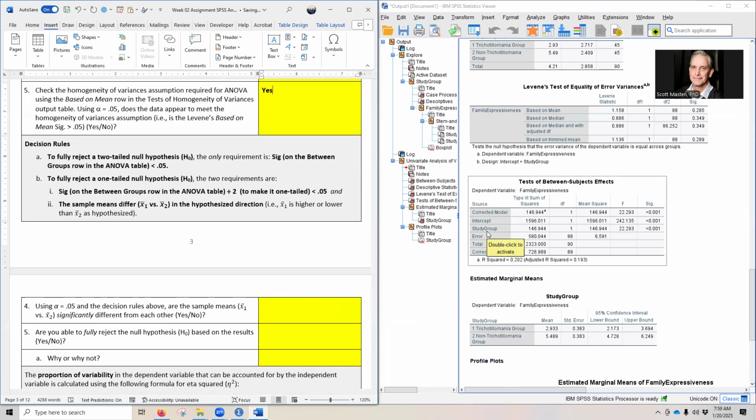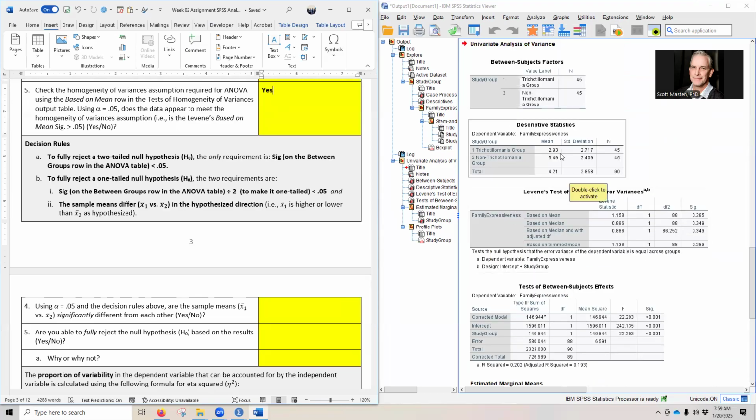There's study group, that is our between groups row. Our sig, less than 0.001, divided by 2 is still less than 0.05. So it's statistically significant. Do the sample means differ in the hypothesized direction? So what do we know at this point? We know that the two means being compared here, family expressiveness for those who have trichotillomania or not, are significantly different.